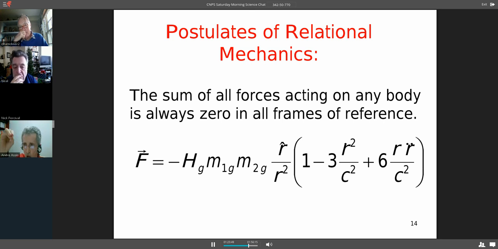And moreover, in relational mechanics, we show that the amount of flattening of the earth is a function of the mean matter density in the universe. If you experiment with that, with the bucket, when we make this mean matter density go to zero, the earth, which was flattened, becomes spherical.